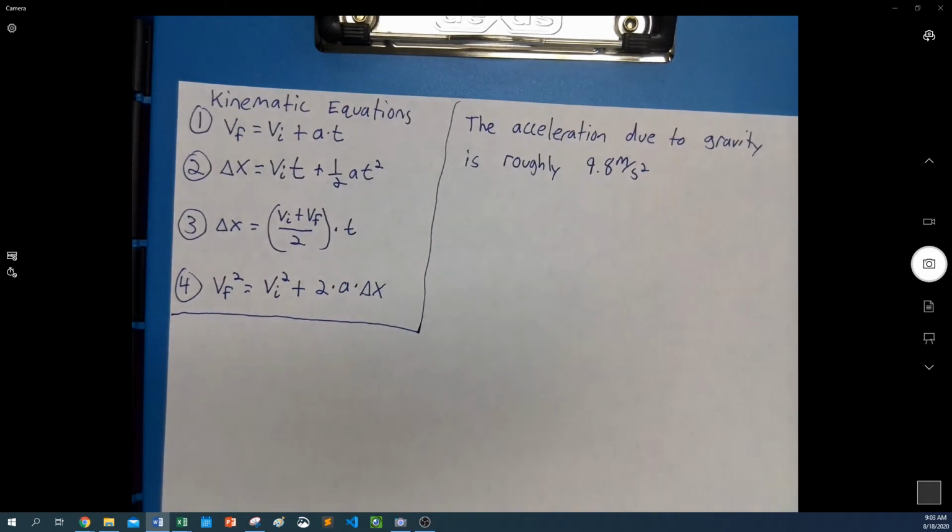So if you were to jump off of a building, every second your velocity is going to change by 9.8 meters per second. So after 1 second, you're going about 10 meters per second. After 2 seconds, you add another 9.8, or roughly 10, you're going 20 meters per second. You will keep doing this. If you're in a vacuum, you will keep getting faster and faster and faster. There's also going to be air resistance that'll slow you down, but for this class, we'll ignore air resistance.